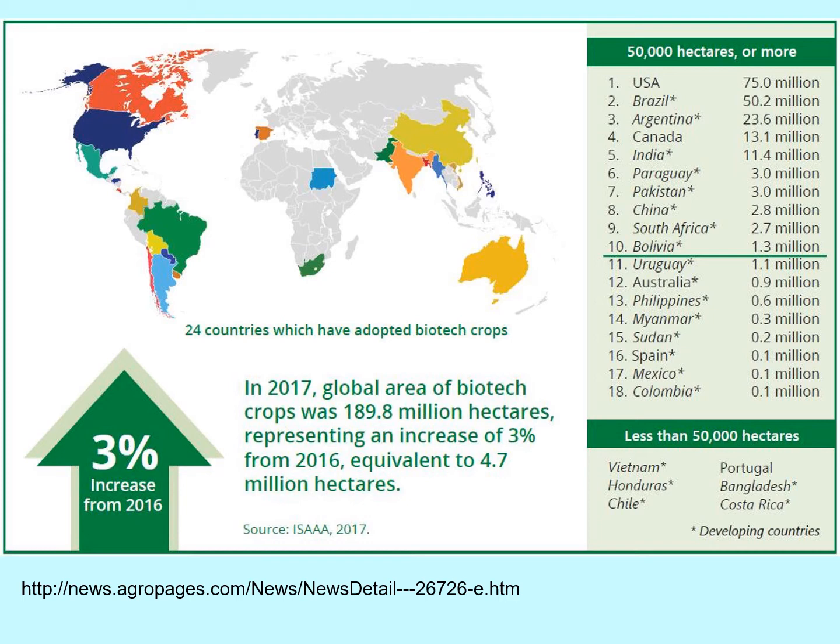The next closest country at 50.2 million is Brazil. And by far, most of the countries who are growing genetically modified crops are often growing 1.1 million or less hectares. And this shows that from 2016 to 2017, there was a 3% increase in the area devoted to biotech crops.